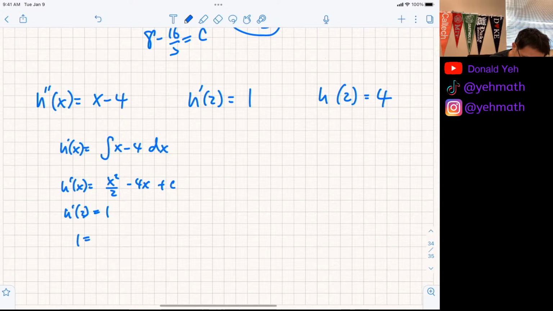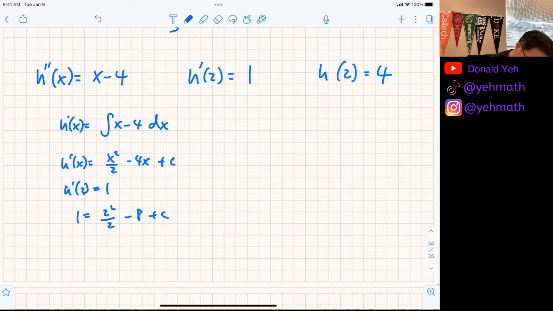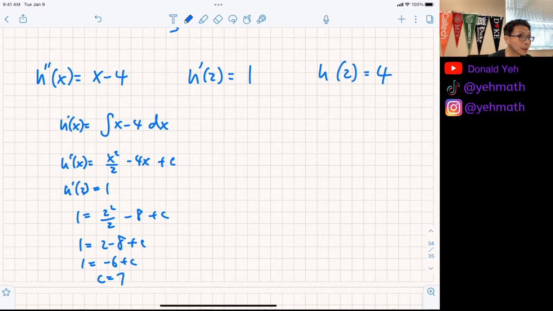So 1 is equal to 2 squared over 2 minus 8 plus c. So 1 equals 2 minus 8 plus c. 1 equals negative 6 plus c. c is equal to 7. Any questions here? Did you guys get the same thing, yes or no?